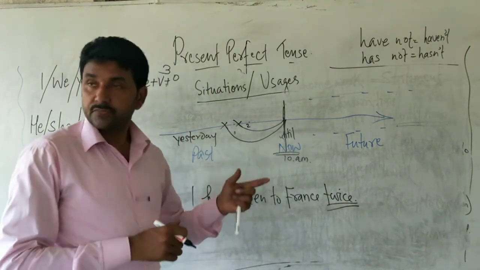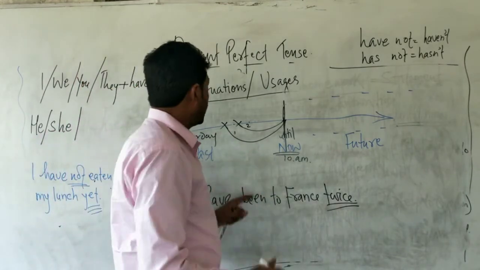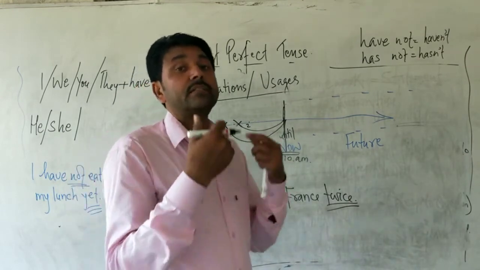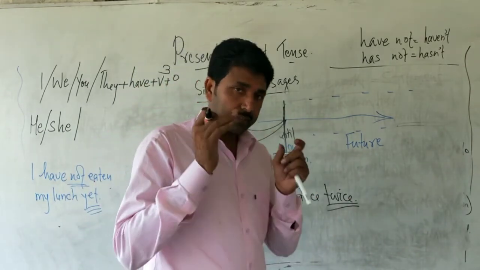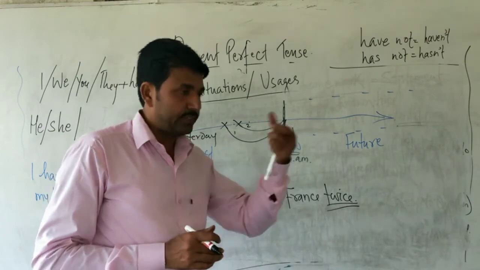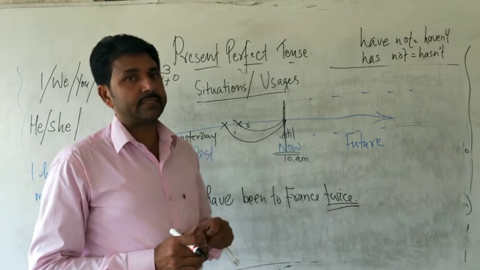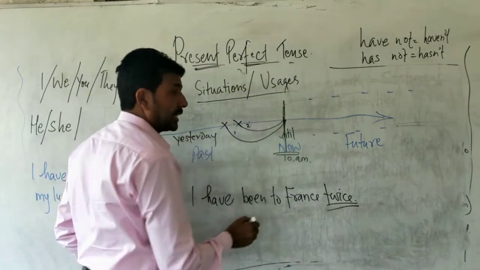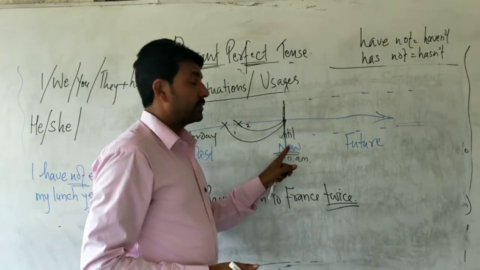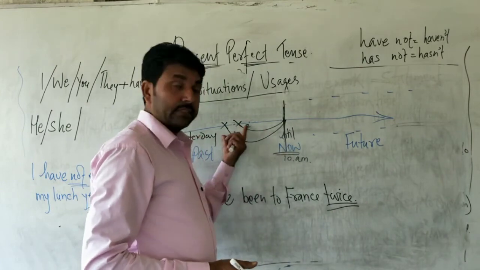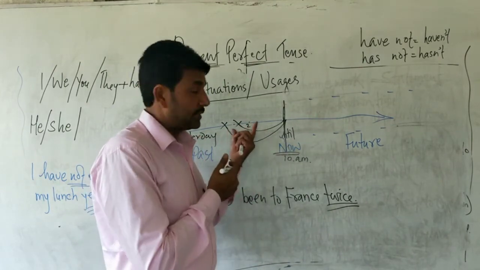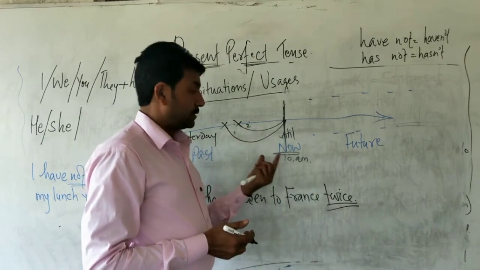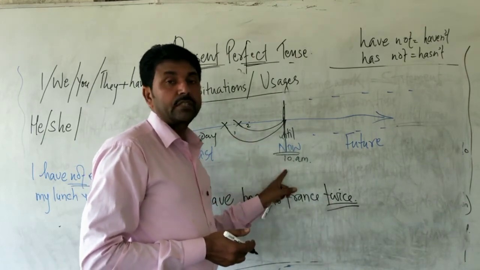You completed visiting 2 times, and you do not remember the time. Here the time is not important, your action, your visit, is important. Therefore, we have used present perfect tense, which has a relation with now. You visited France twice until now in your life.